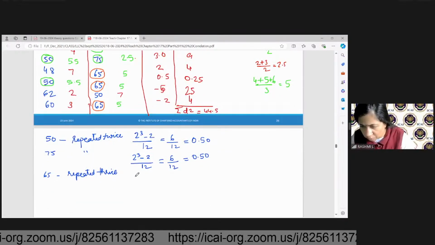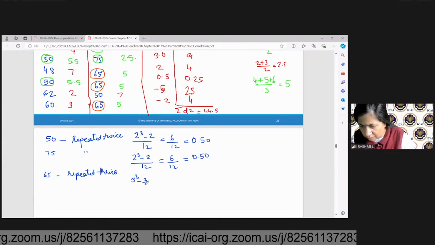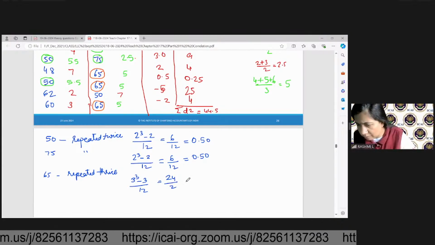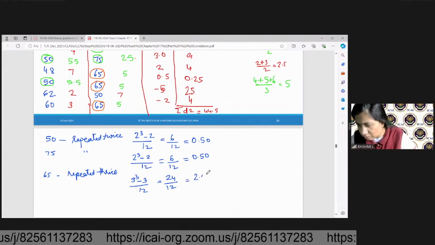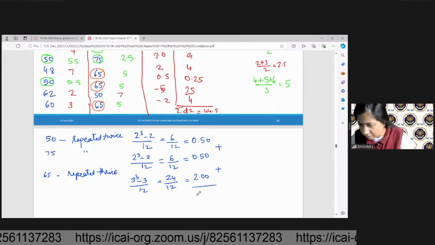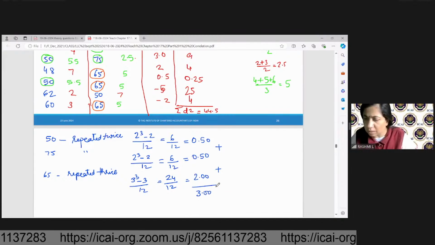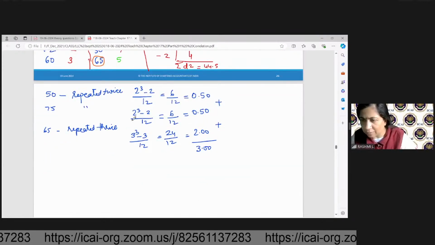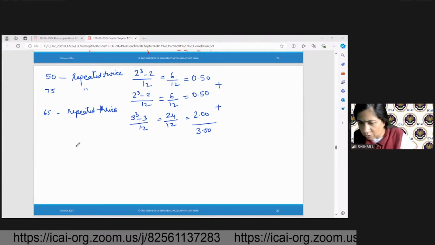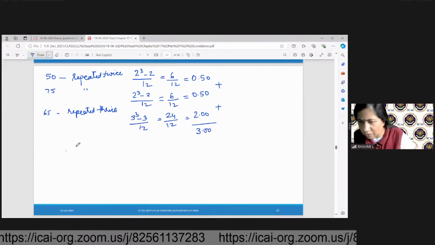So this is going to be 3 cube minus 3 upon 12, which is equal to 24 upon 12, which is equal to 2. How much is this plus this? This is 3. Yes, thank you, Tanishka.